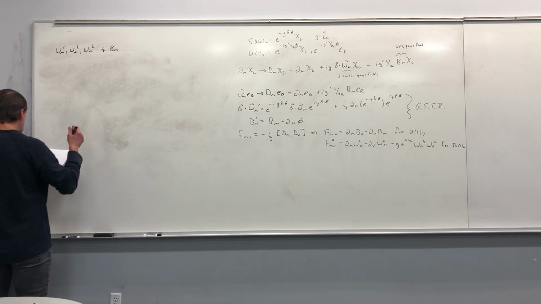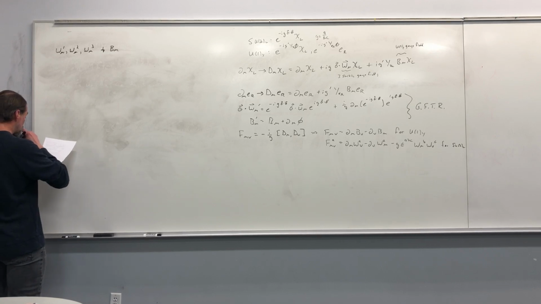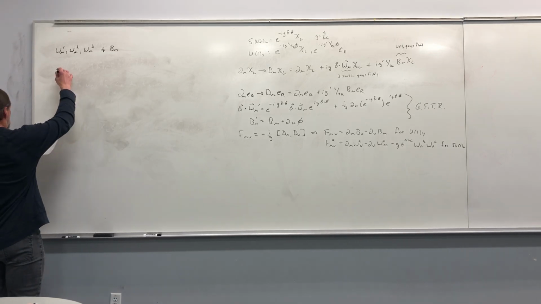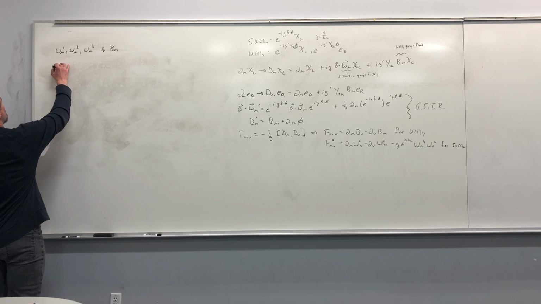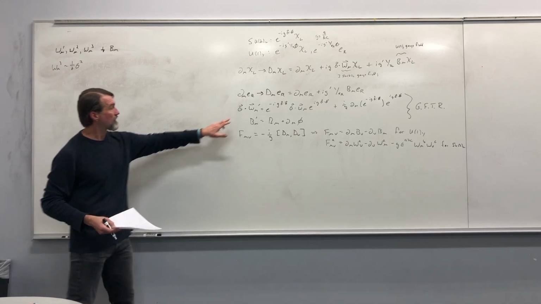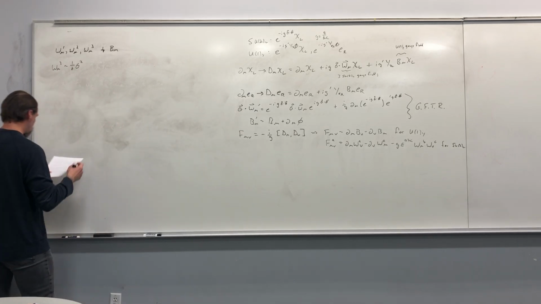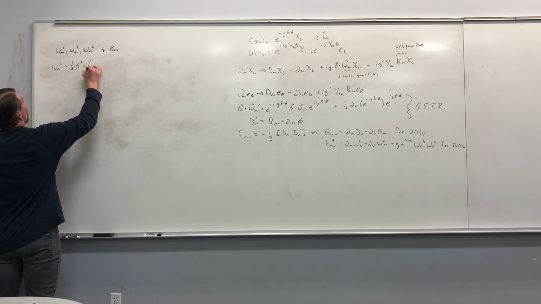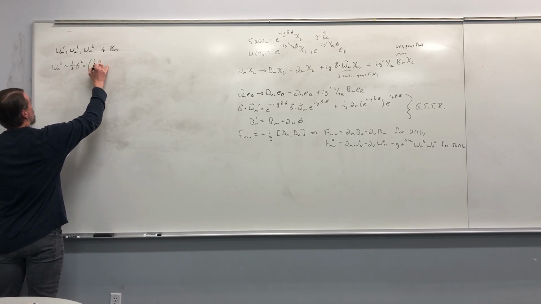And the reason I say that is because we could imagine that W mu 3, which is related to 1/2 sigma z, okay? Well, if you just look at what sigma z is, that's 1/2, 0, 0, minus 1/2.